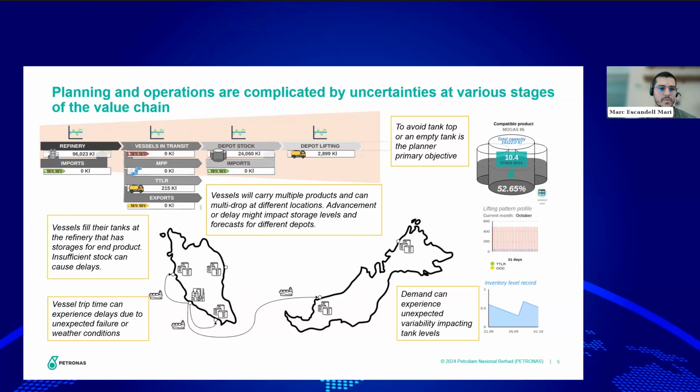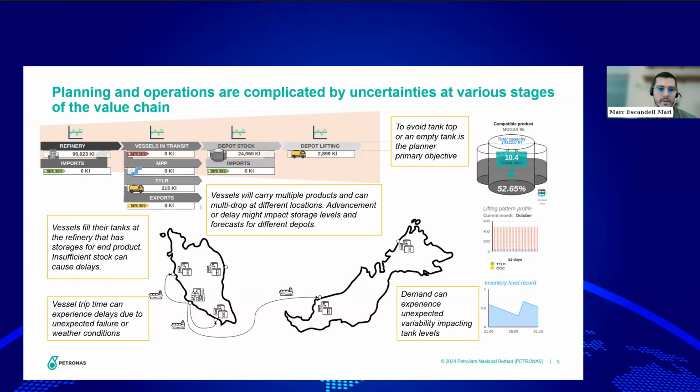Then this product is later distributed to different locations in Malaysia. For those that don't know, Malaysia has a peninsula, but it also has a few regions in the east. They are connected by vessels, which is what we call primary logistics.